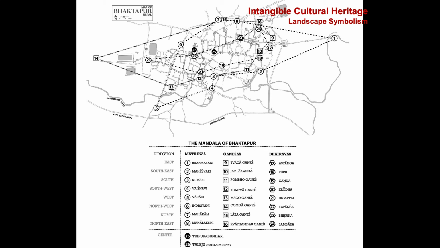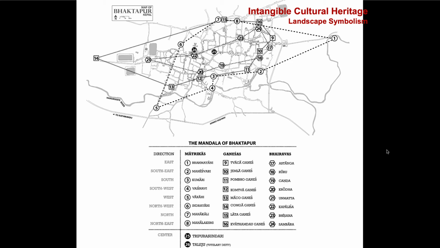Now, these matrikas, Ganeshas or Bhairavas are related in the sense that from the east side, Mother Goddess Brahmayani's temple is related to this particular Ganesh called Tvacha Ganesh. And then these two are related to this Ashtanga Bhairava temple. So the east side is given to these 3 deities and they are related to each other.